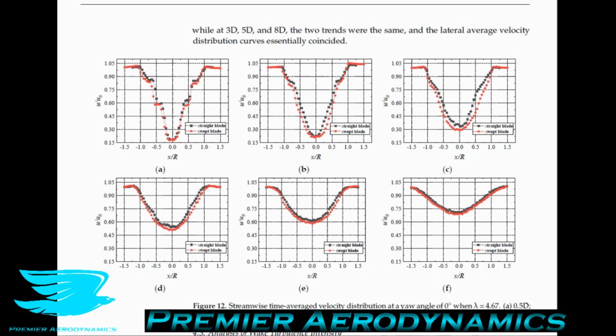At 0.5 diameters and 1 diameter downstream, the minimum wake velocities at the rotor center of the wind turbine with swept blades and straight blades were almost the same because of the intense development of tip vortices and central vortices in the near wake region. The radial distribution of velocities at the center height of the rotor fluctuated wildly, showing a W distribution.